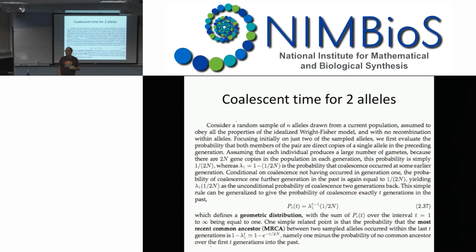If I go back in time, it may turn out that 5 generations in the past, a copy of one of my alleles and a copy of one of your alleles came from a common ancestor. So I move from 100 different lineages. A couple of generations back, I now have 99 different lineages. Why? Because one of my alleles and one of your alleles had a common ancestor.